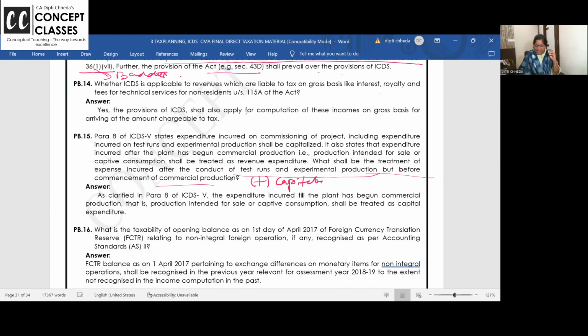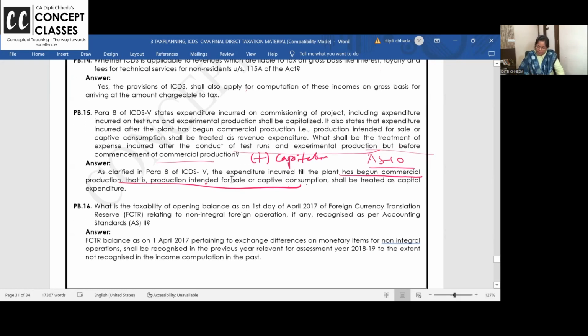I clarified this. Expenditure incurred till the plant has begun commercial production should be capitalized. This is AS 10. Asset cost should be capitalized till it is used for commercial production. After the trial run also.